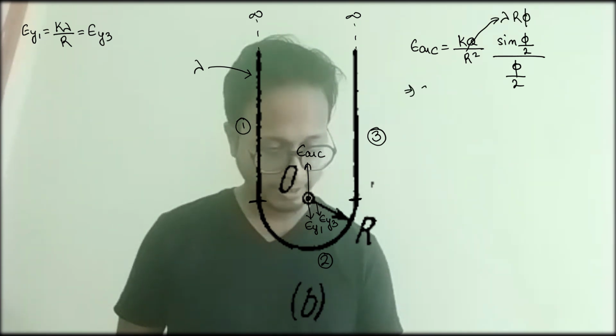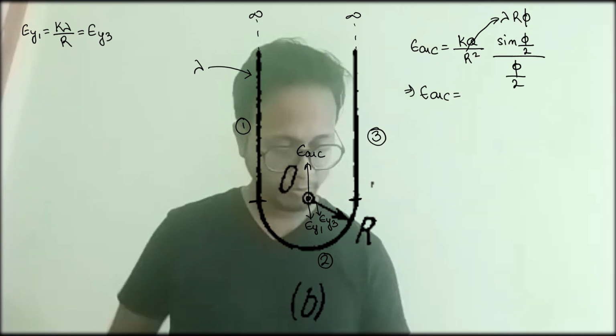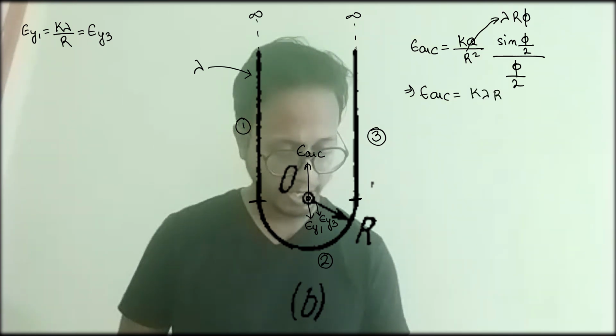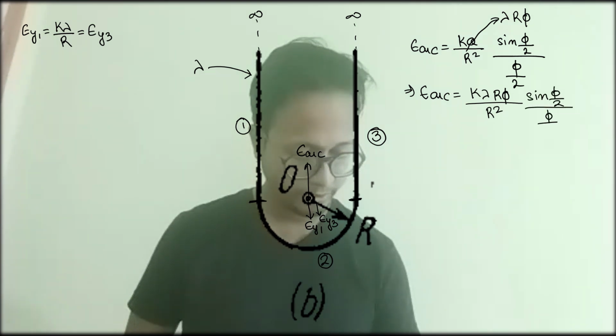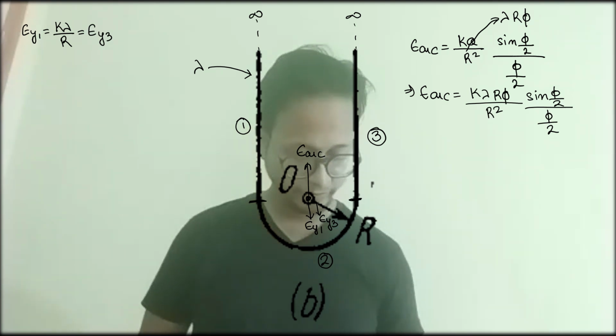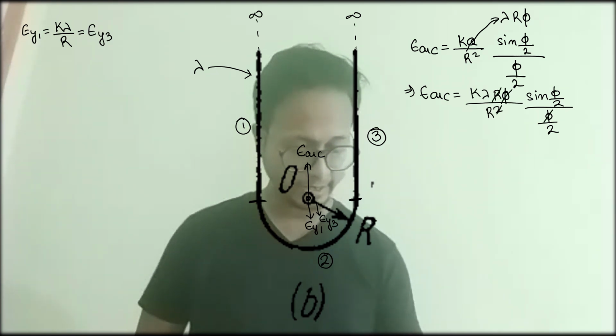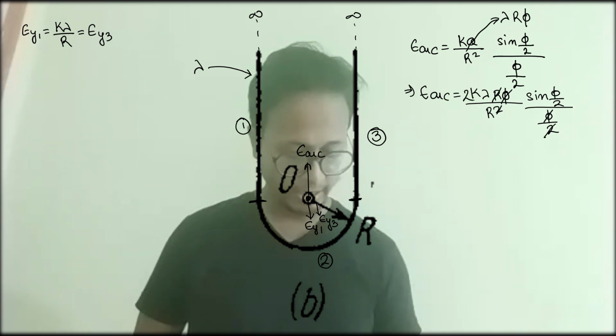So E arc is k lambda r phi divided by r square into sine phi by 2 divided by phi by 2. With the same type of calculation, r and r square get cancelled, phi and phi get cancelled, and 2 goes up here.